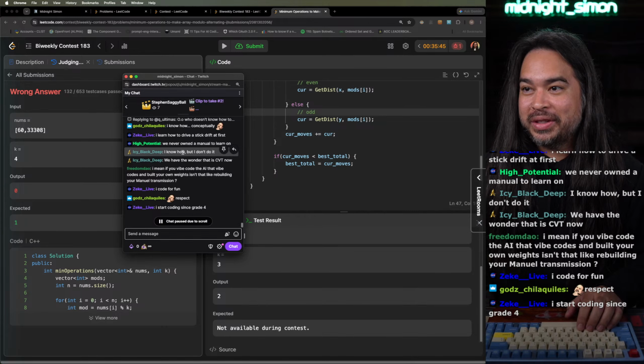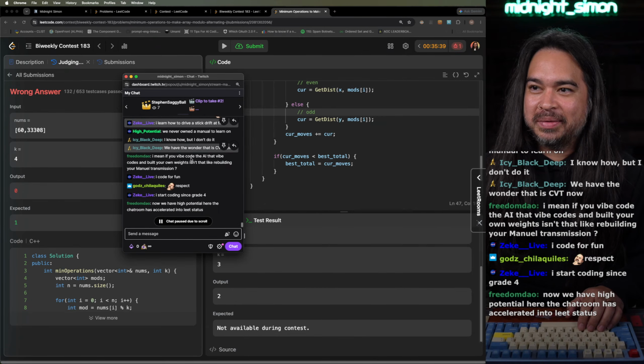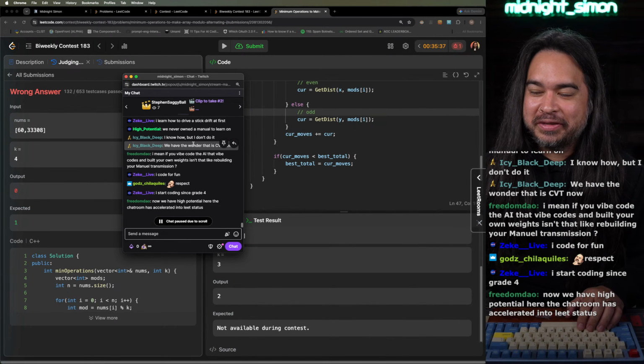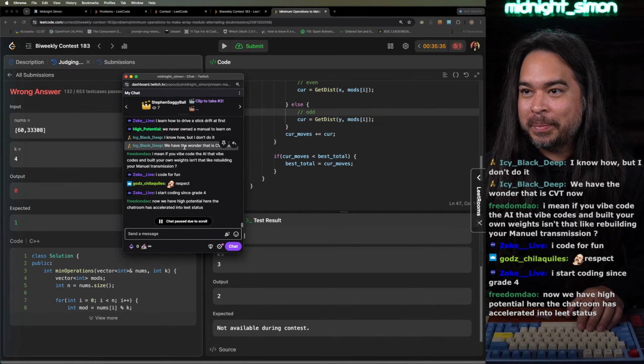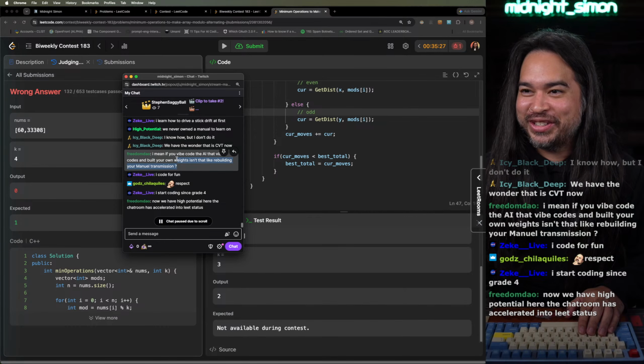We have the wonder that is CVT. What is that? CVT. That like Tiptronic stuff? I don't even know car lingo anymore, man. I mean, if you vibe code the AI that vibe codes and builds your own weights, isn't that like rebuilding your manual transition?